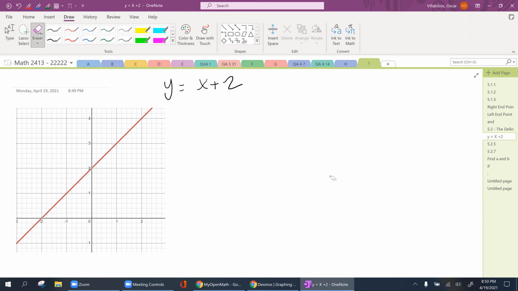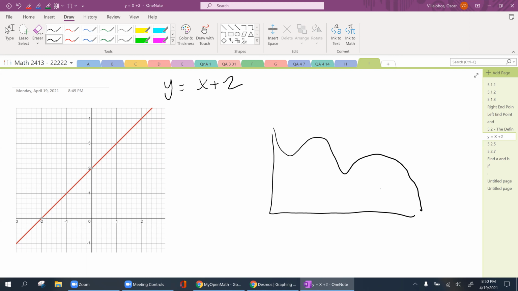You knew the function of it, you can probably create a function of what it looked like. But what if I told you, find me the area of this? I don't know. We can use the method we did before to get guesstimates. But what if you need it for an engineering job or a physics job? You needed something precise. As long as you know this function, what that curve looks like, you can find the exact area.